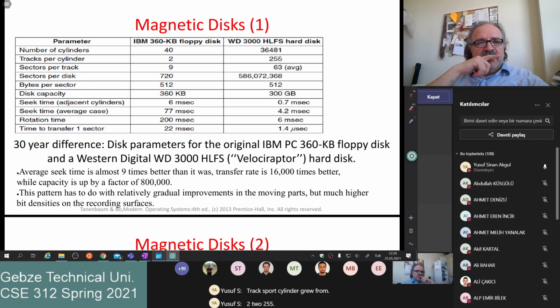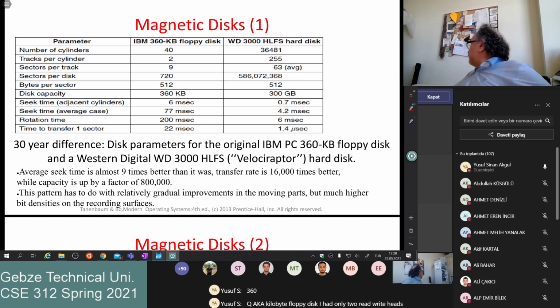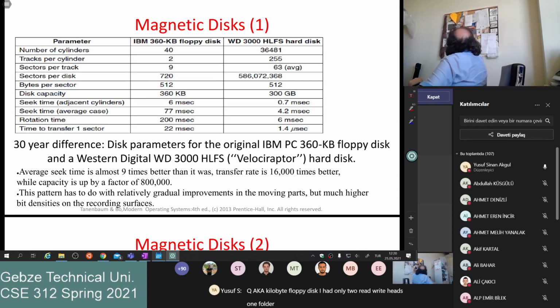Okay, tracks per cylinder. What does that mean? So tracks per cylinder was 2. That means that in the IBM 360 kilobyte floppy disk, I had only 2 read-write heads. One for the, where is my floppy disk? Okay, here is my floppy disk.